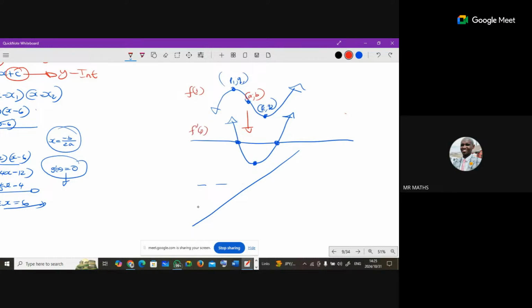The same values that represent the first turning point are now the x-intercepts, and the point of inflection is now the turning point. Are we together?